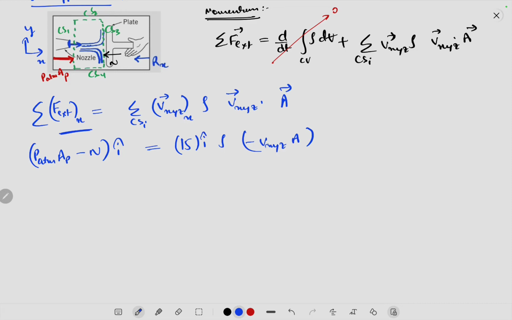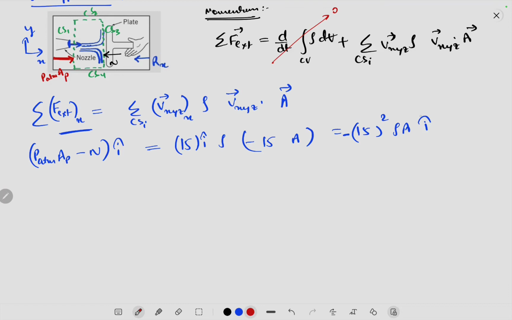This is also 15, so this is 15 squared with a negative sign times rho A i hat.